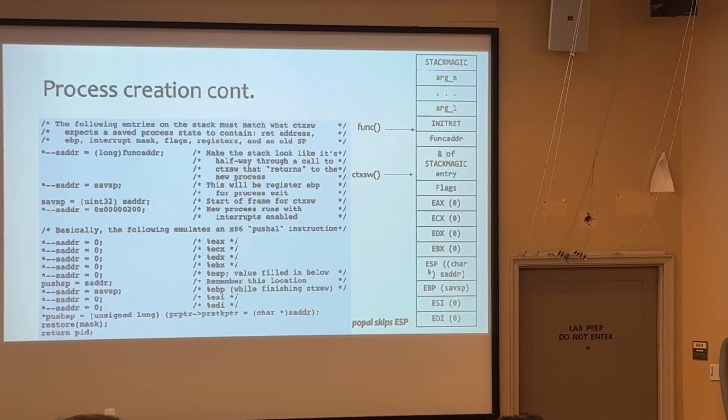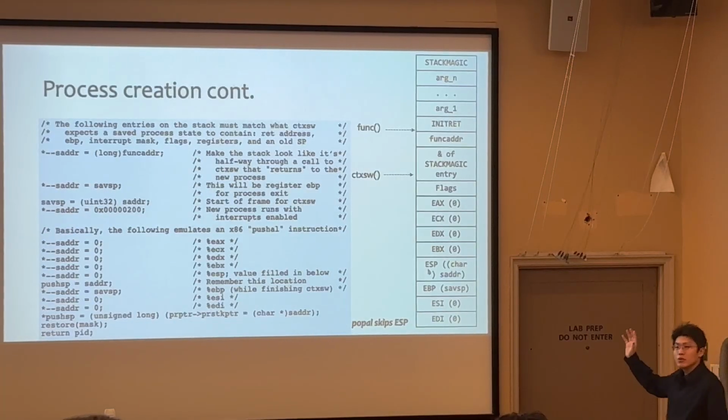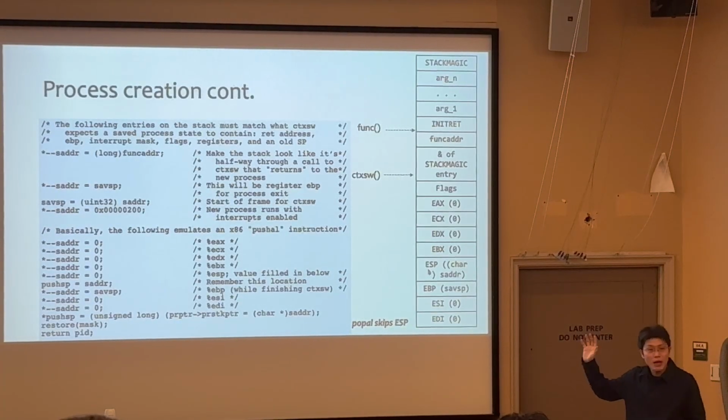Remember, after this process is created, in the future the only way to get this process to start running is through context switch. So in Xenu OS, you do not have another way to start running a process. There's no other way. After you create a process, the only way to get it to run is through a context switch.